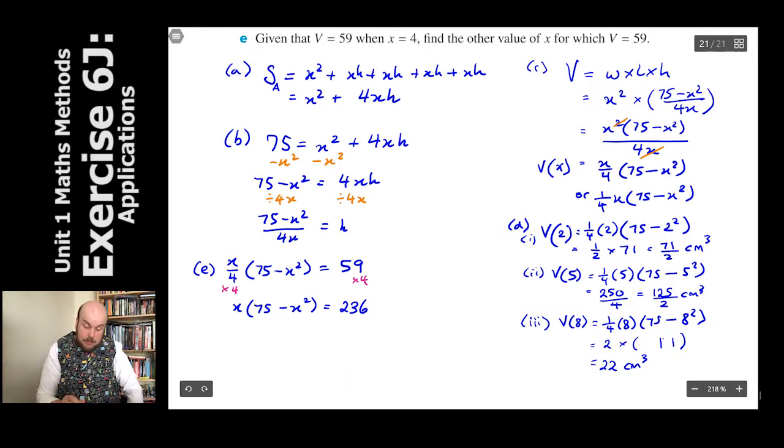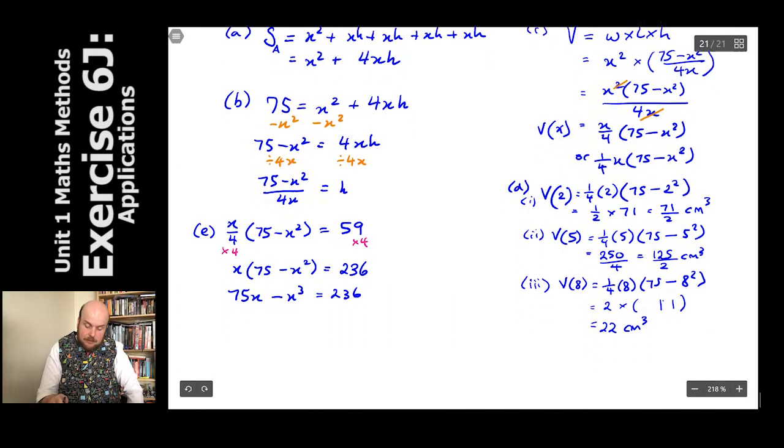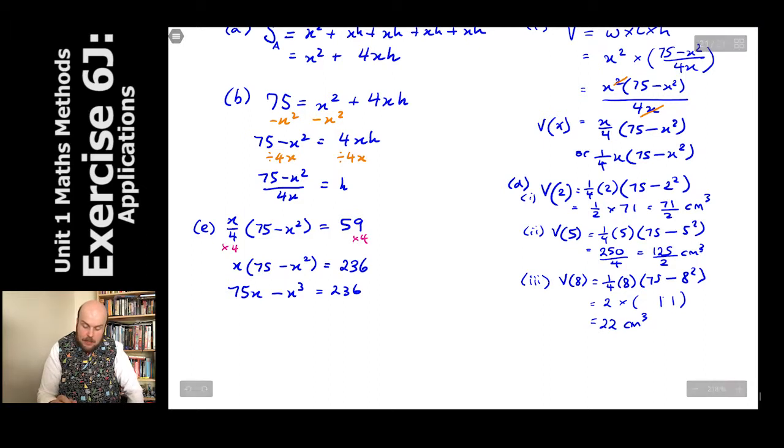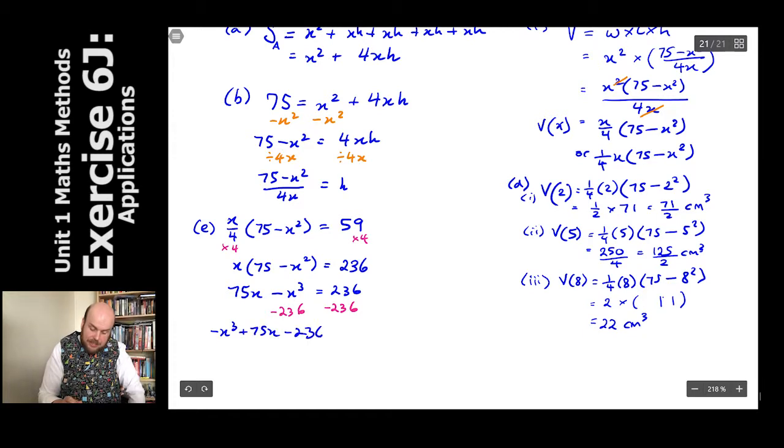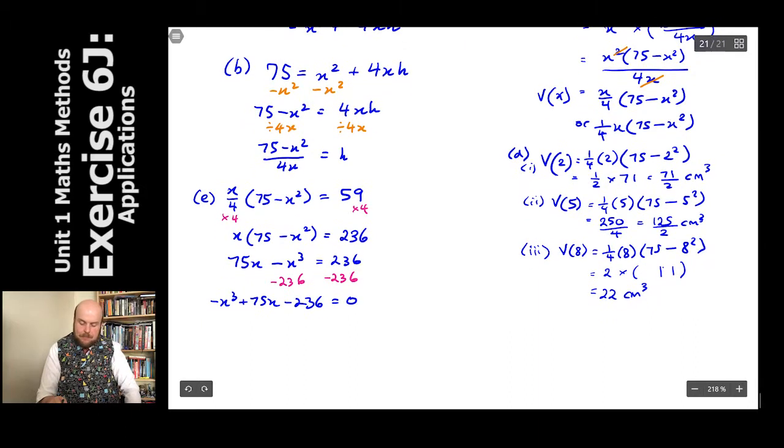Then I'm going to expand this bracket, so it becomes 75x minus x cubed is equal to 236. And then we're going to minus the 236 on both sides, and we get negative x cubed plus 75x minus 236 is equal to 0.